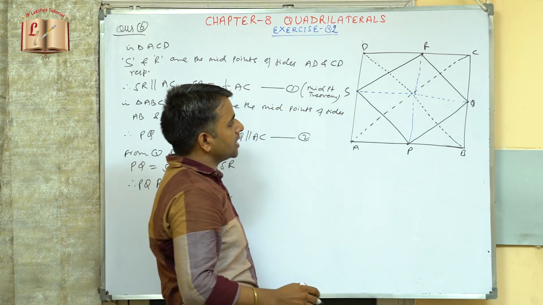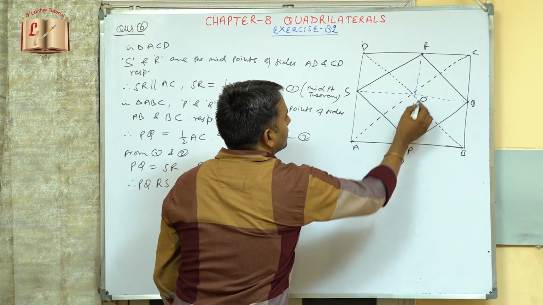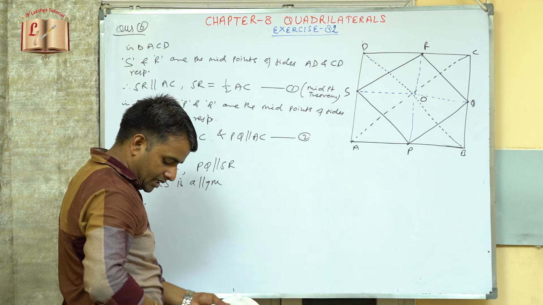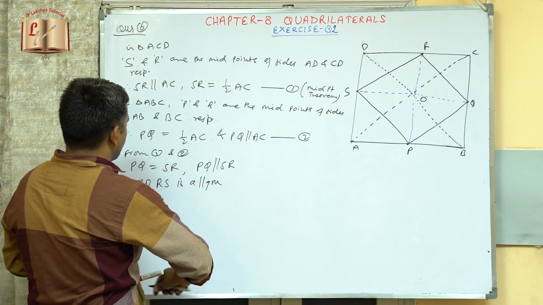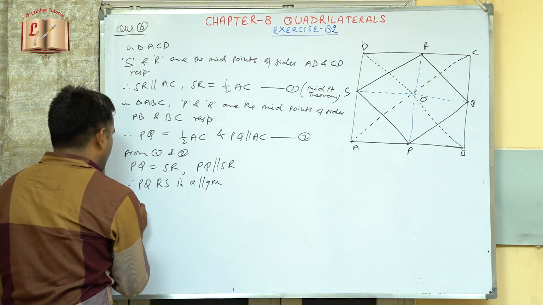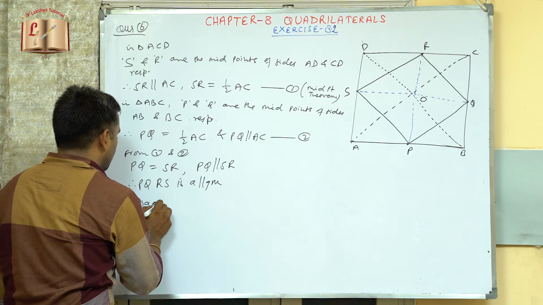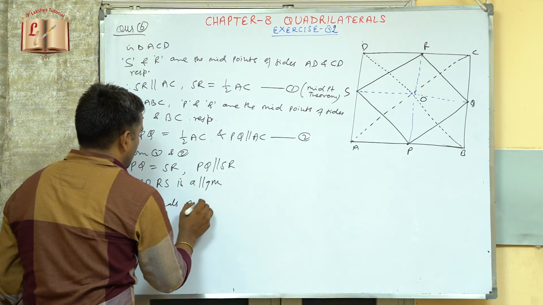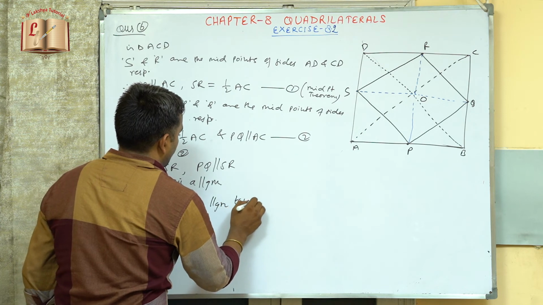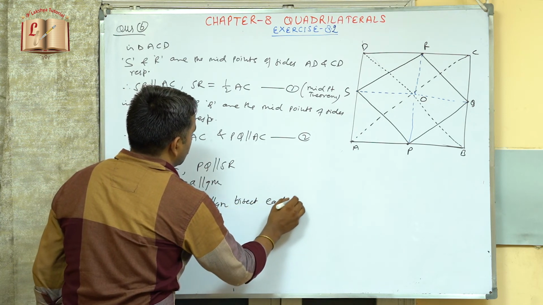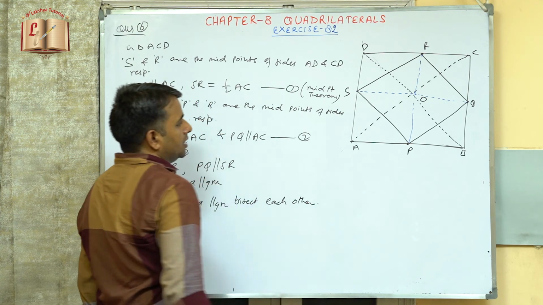So all are bisecting each other at point O. So we can say that these are the diagonals of this. So PQRS is a parallelogram, and we can write the diagonals of a parallelogram bisect each other.